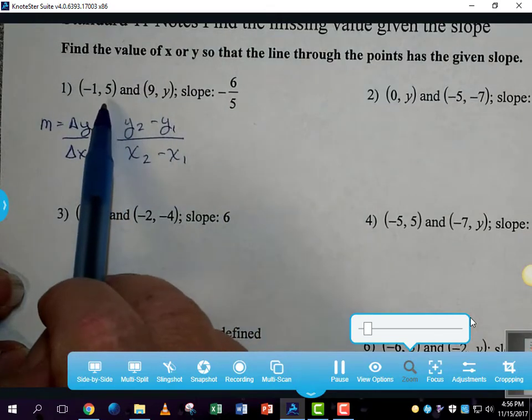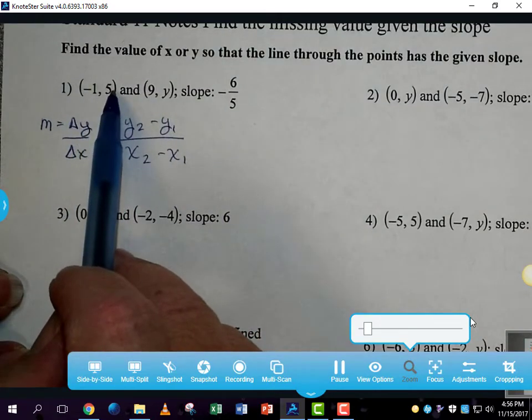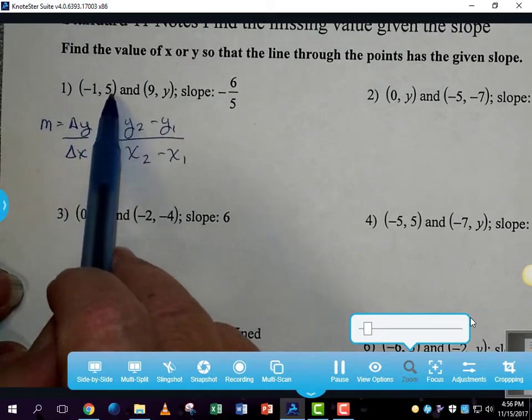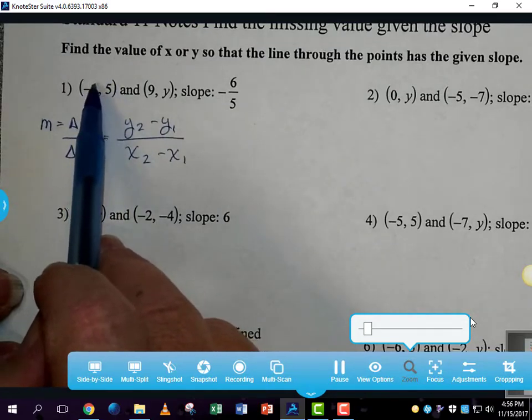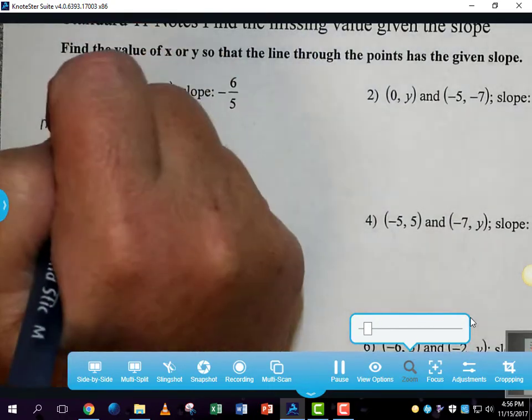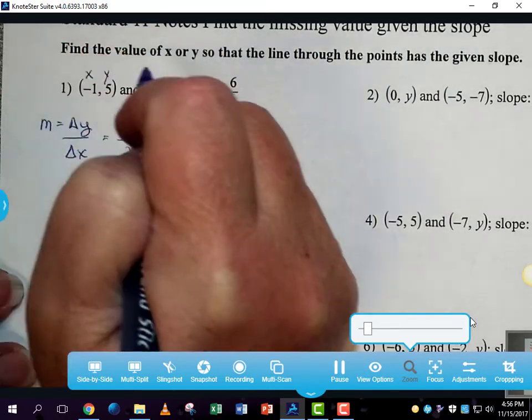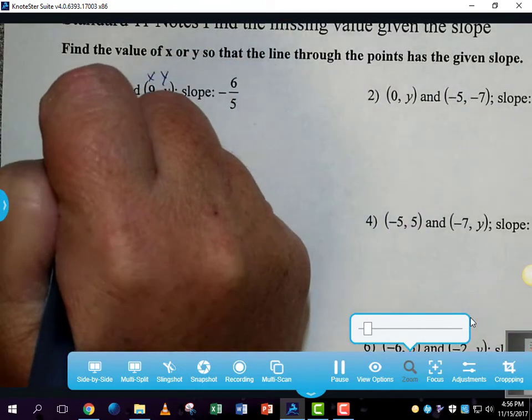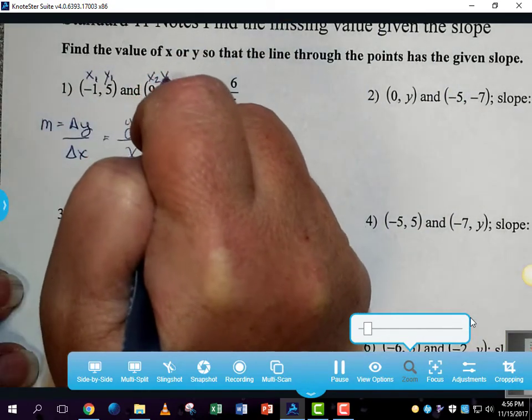All right, well, I have xy, xy, right? And this can be x1, y1, and this can be x2, y2, or it can be the other way around. It doesn't really matter. So xy, xy, that's already written there, right? I'm going to call these the 1s. I'll call these the 2s.